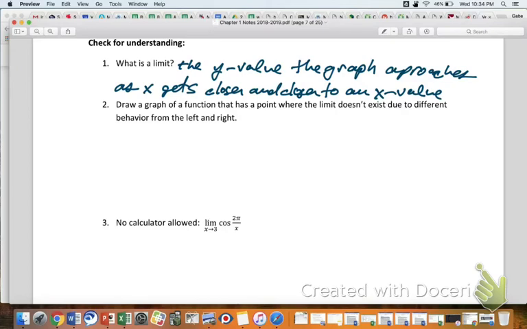We've also said that it's the pattern of behavior of the function without regard to the actual value of the function at that particular number. Again, we're looking for the pattern of behavior. We're not looking for the exact value of the function at that point.